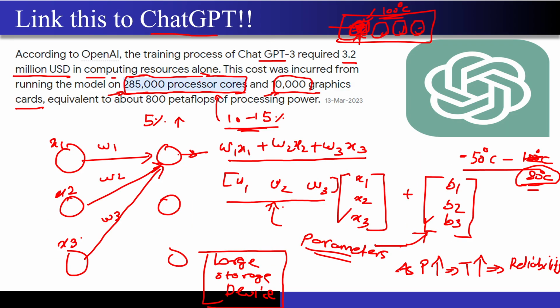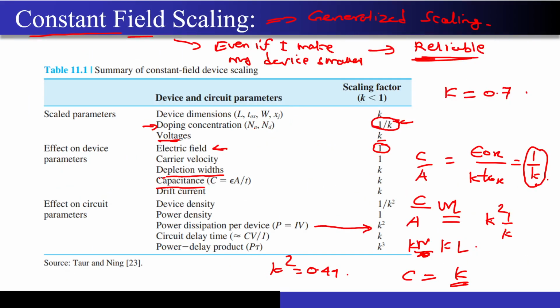Now just imagine what kind of effect it will have if I am able to reduce the power consumption of all these 285,000 processor cores by 50%, as well as these 10,000 GPU cards by 50%. So this $3.2 million cost that you are seeing over here will go down by a lot, because so much power I am saving because I was able to make my processors smaller. Correct? So this is one of the important things.